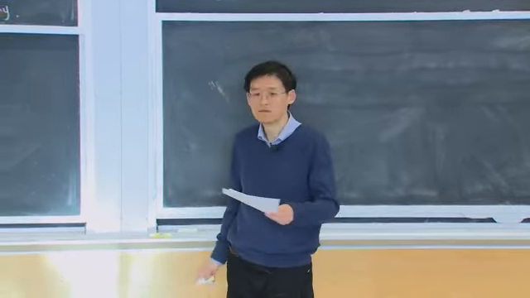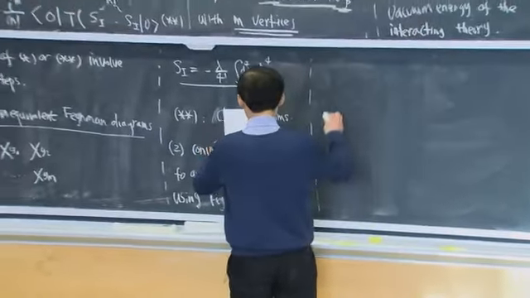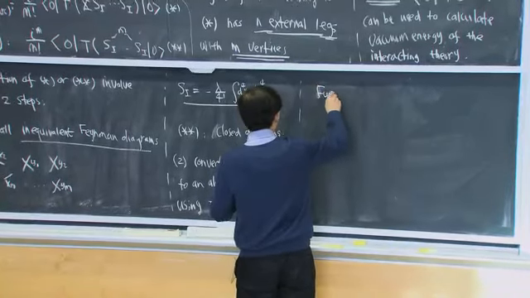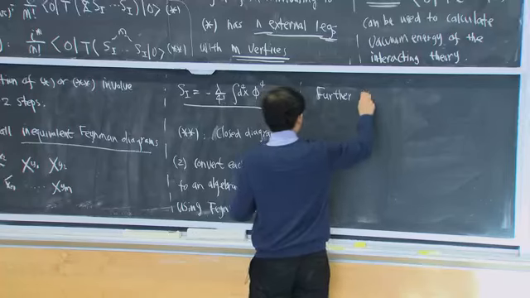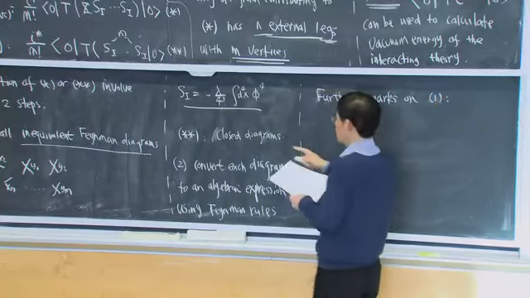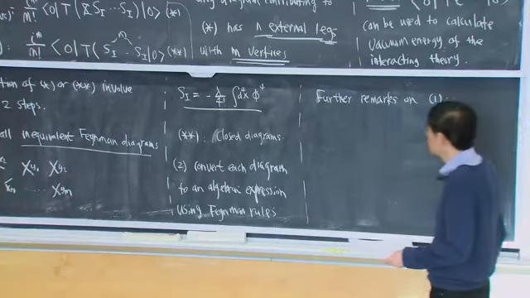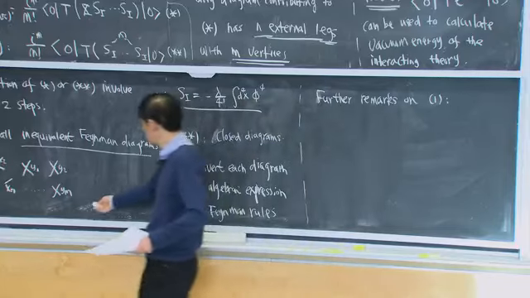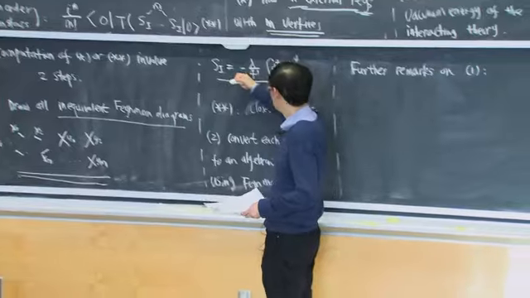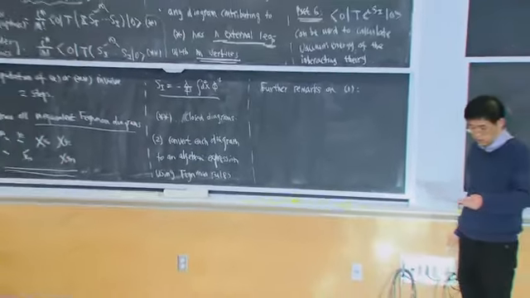Any questions? Good. So some further remarks on this first step. Here I consider a very special case, where S_I is just a single term, phi to the 4.